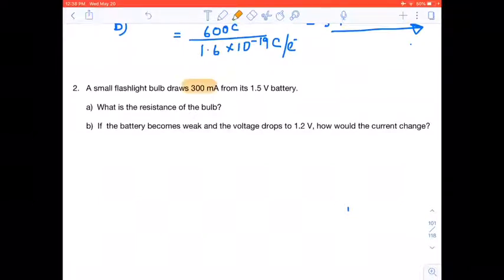This particular bulb draws 300 milliamps from its 1.5 volt battery. We want to know what is the resistance. And if the battery becomes weak, that means the chemical reactions in it, the rate is not fast enough, and the voltage drops to 1.2 volts, how would the current change?